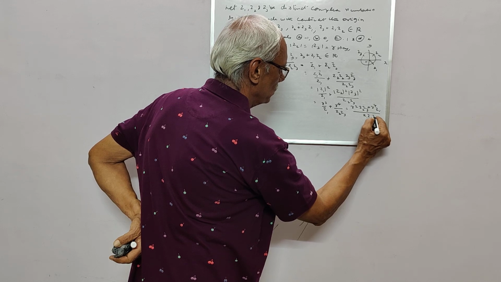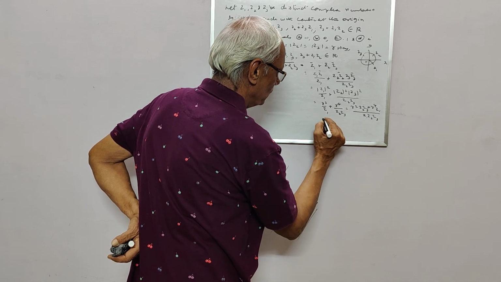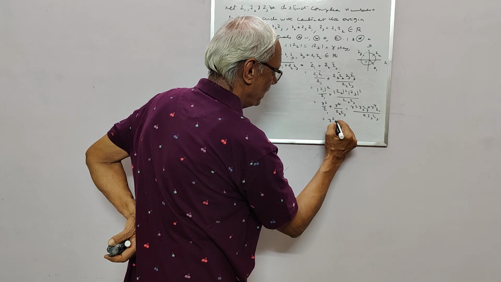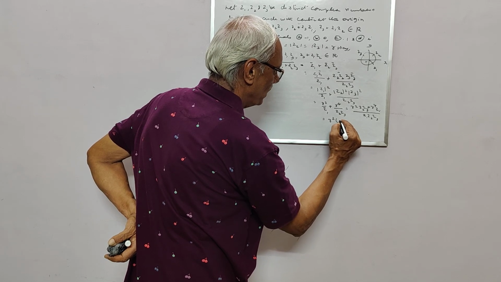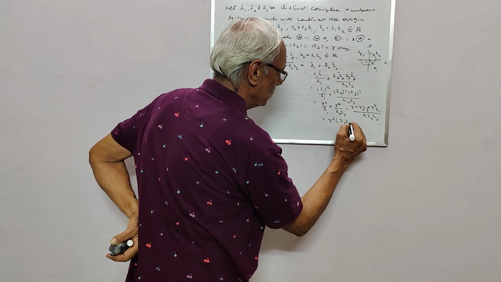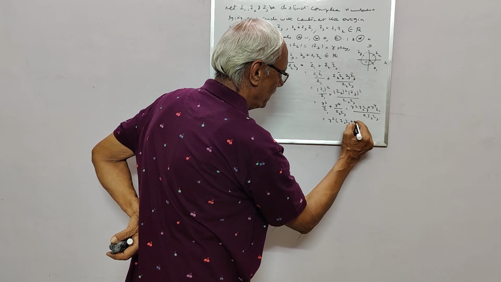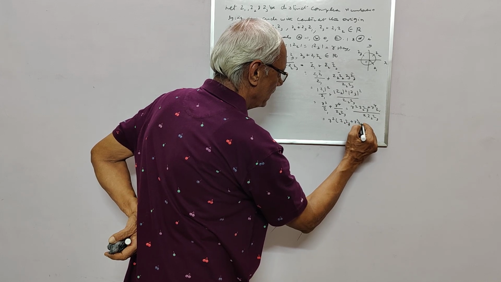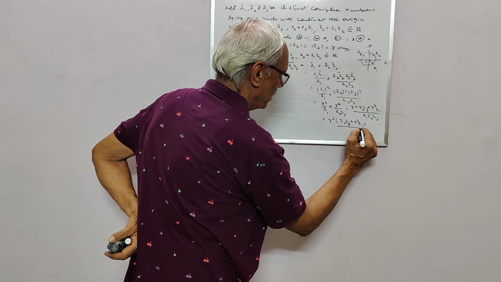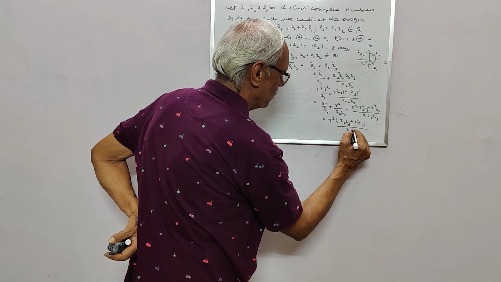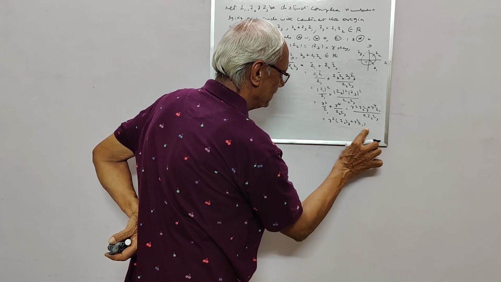z1 z2 z3. So this can be written as r squared taken outside, r squared into z2 z3 plus r squared z1, divided by z1 z2 z3. I'll put it like this, you just see that.